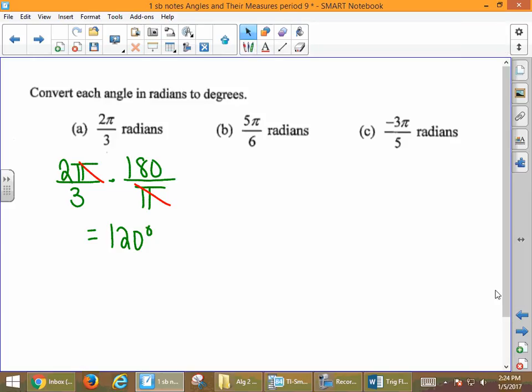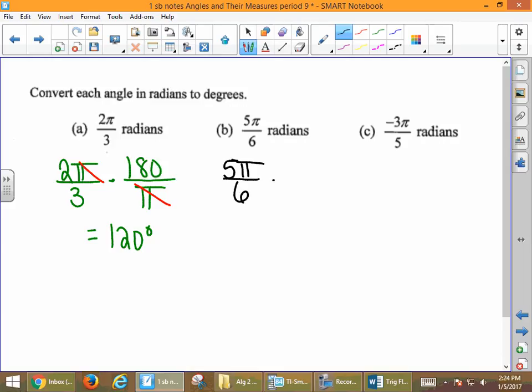Converting 5 pi over 6 radians. We'll get this out eventually. 5 pi over 6 radians times 180 divided by pi. We want the pi's to cancel out because we want to convert this to degrees. So we don't want pi's anymore. The pi's cancel out.